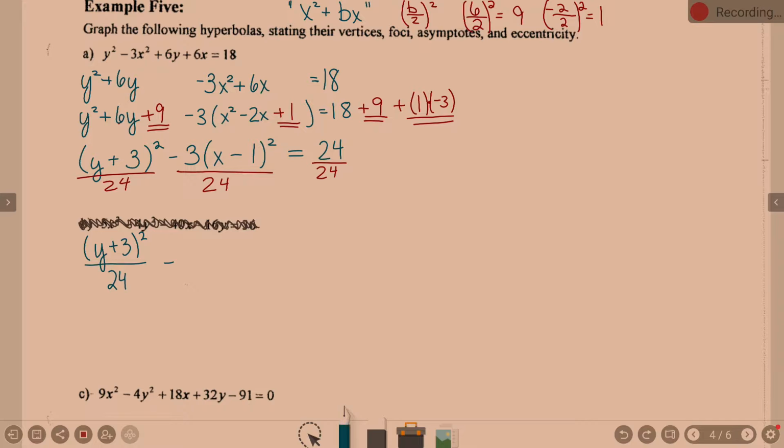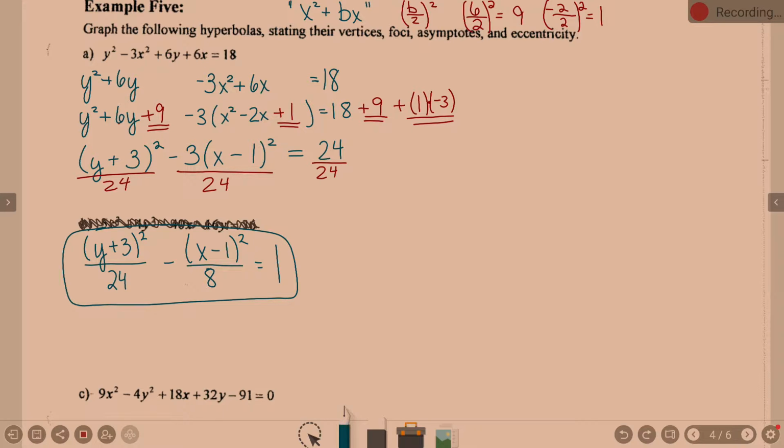Since it's 3 over 24, that's going to end up being 1/8, or in other words, an 8 in the denominator. So minus x minus 1 squared over 8 equals 1. There is your standard form you're going to use for the rest of this problem.